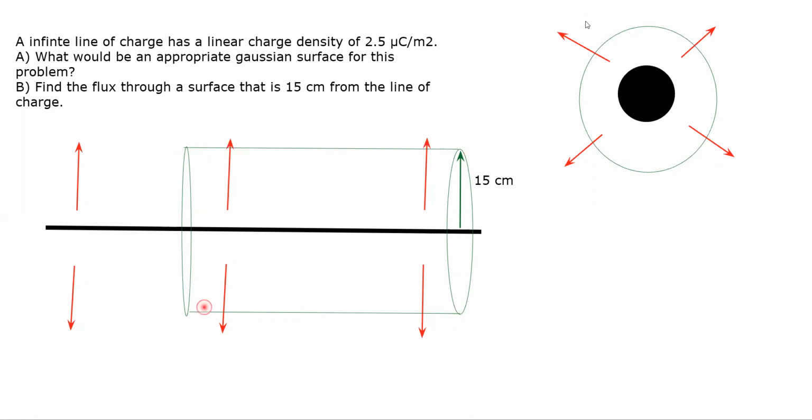We want to calculate the flux going through each of those. So my total flux for this wire would be equal to the flux going through the right end, I'm going to put R here for the right end, plus the flux going through the left end, plus the flux going through the sides.